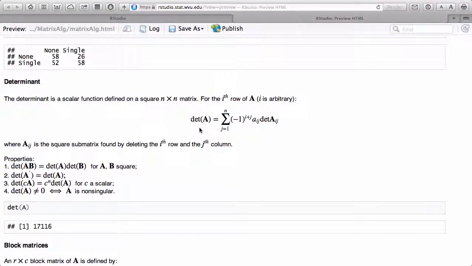The determinant is kind of a measure of the volume of the matrix. It has actually a statistical meaning. It's related to the covariance structure of a bunch of variables. But we can also use it for other purposes.